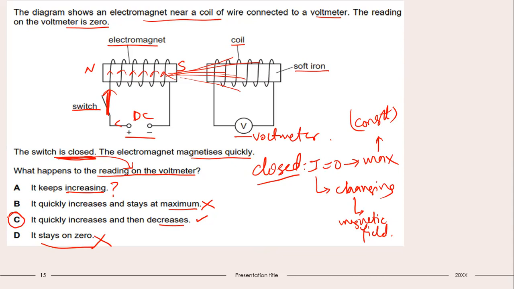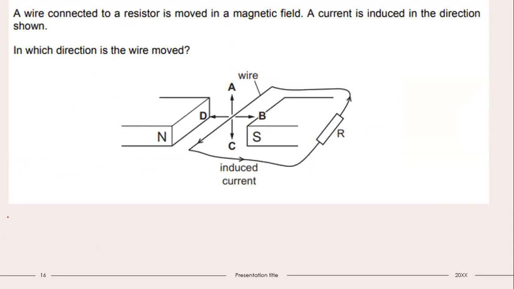Why does it decrease? Because when you close the switch, current goes from 0 to maximum, and when it goes from 0 to maximum, it is actually changing. So changing current produces changing magnetic field. And when the current becomes maximum, it becomes constant as well. So constant current doesn't produce changing magnetic field. So that's why the voltmeter reading increases and then decreases.